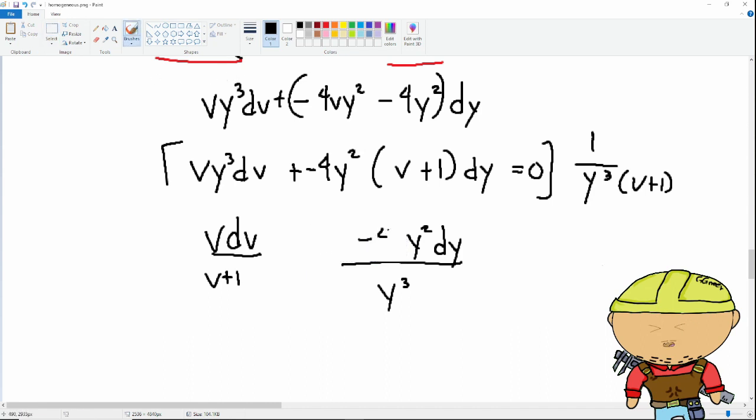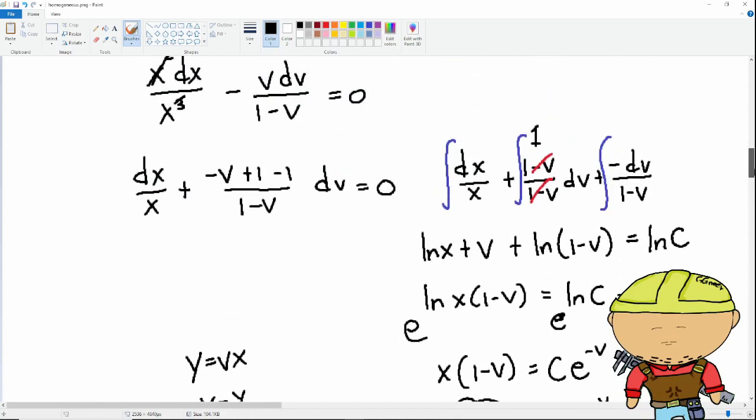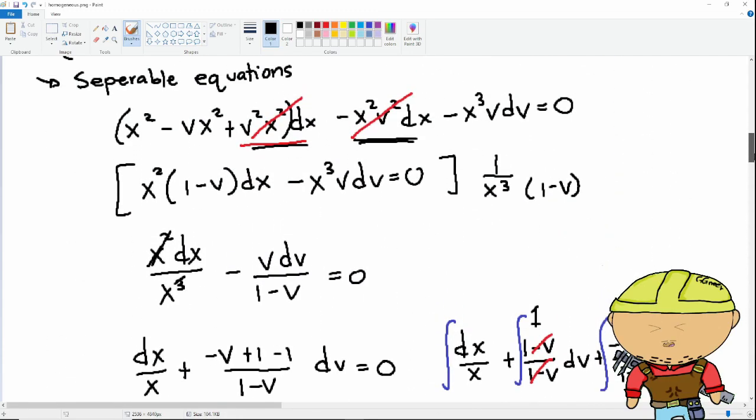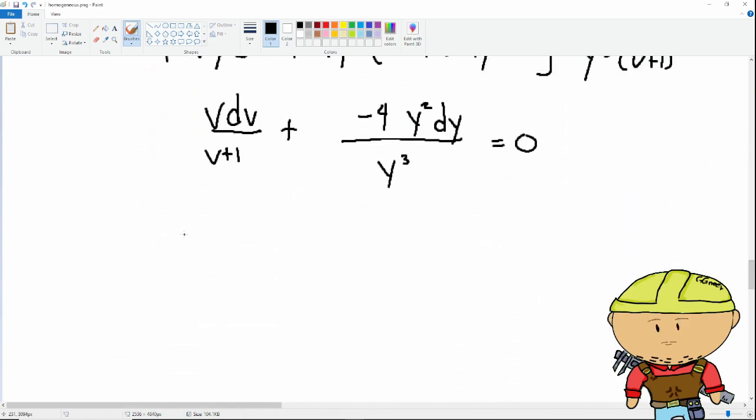Okay, so negative 4 is equal to 0. Okay, so we have the same case from above. Okay, so that's like the same case above, negative v dv, 1 minus v. This one is positive. Okay, we could do it again, v positive 1 minus 1, because positive 1 and negative 1 is the same.